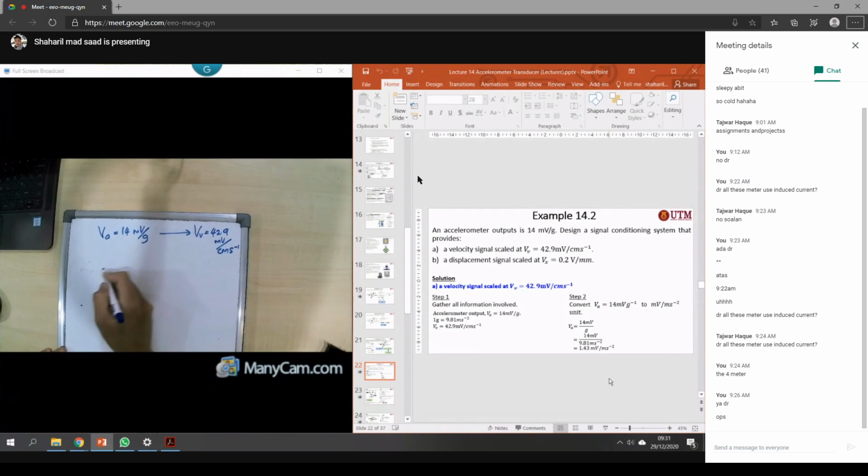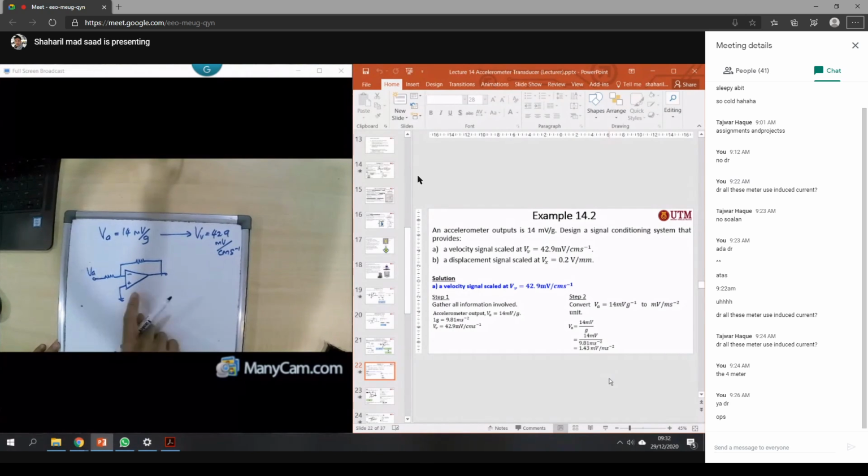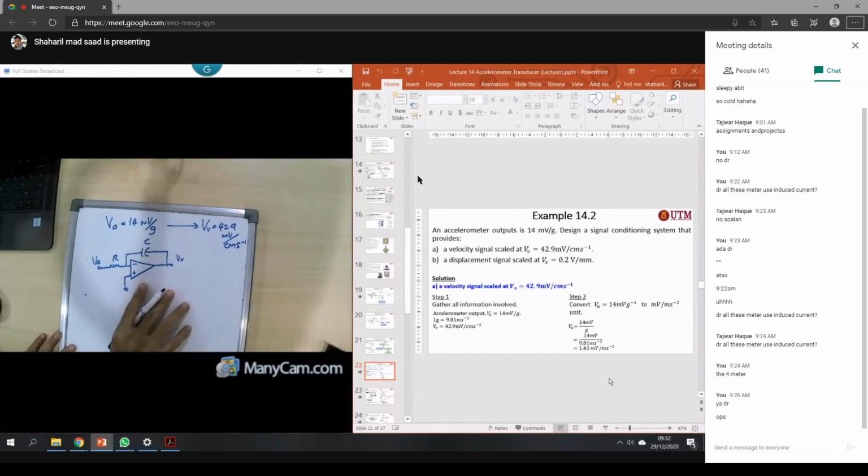That means you will only have one integral. One integral is your initial idea. So this one C, this one R, then you get your VV. So you only need one integral.